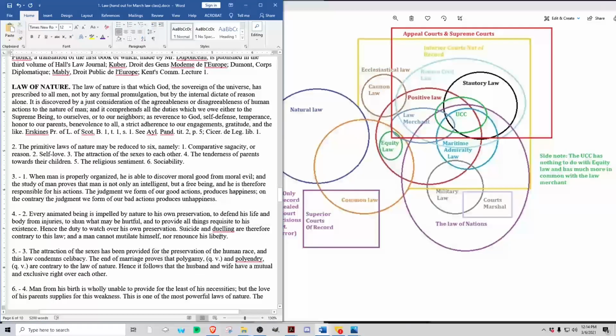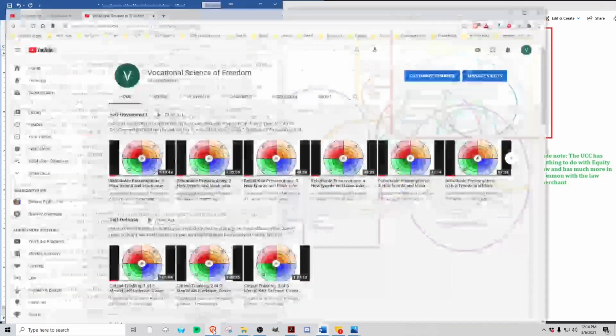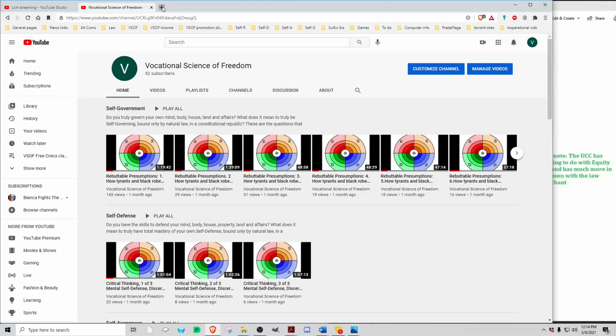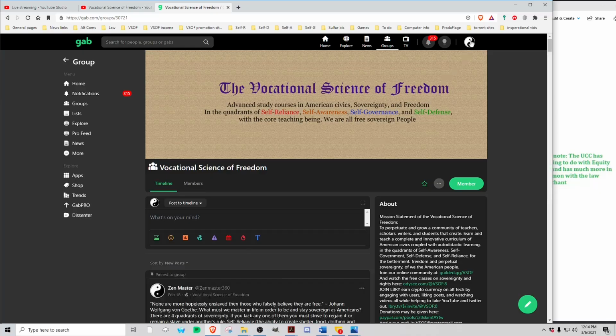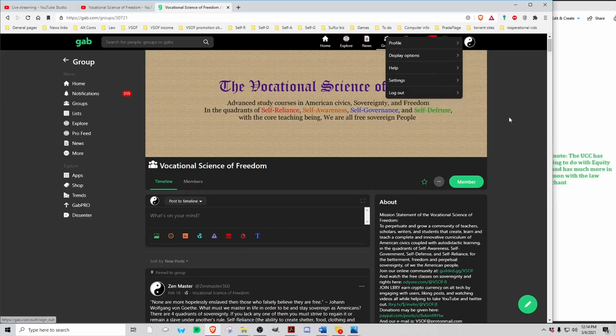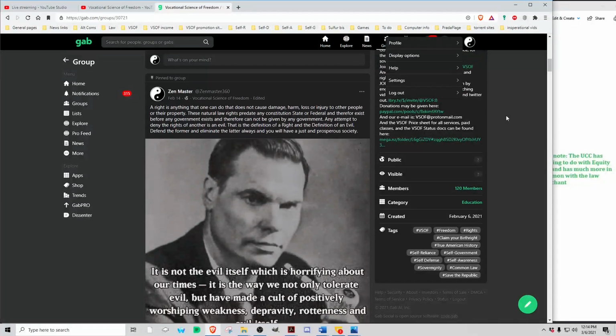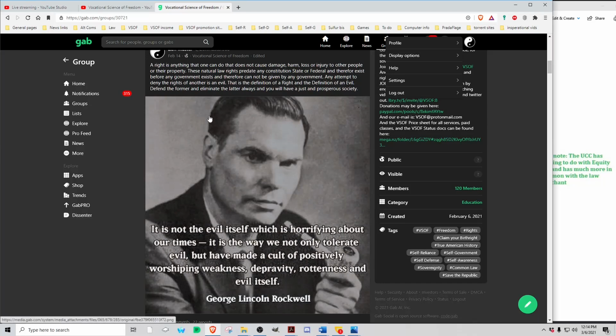Now, I'm going to bring something up really quick, which I want to share with everybody regarding a post that I did on Gab. I keep it up on my profile on top here, so everybody can read it. So, a right is anything that you can do that does not cause damage, harm, loss, or injury to other people or their property.